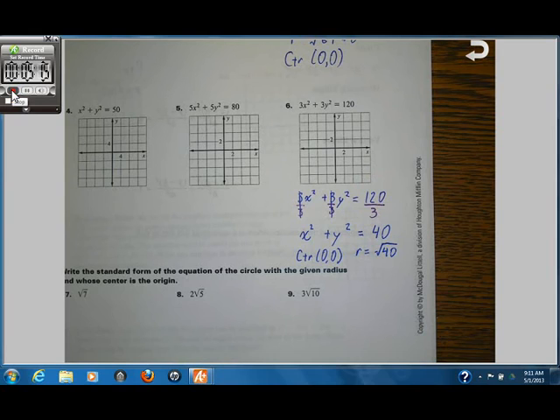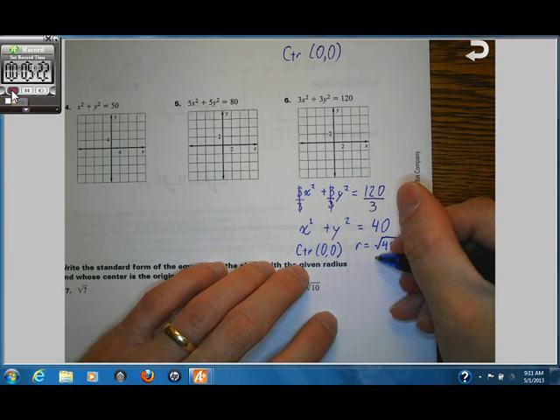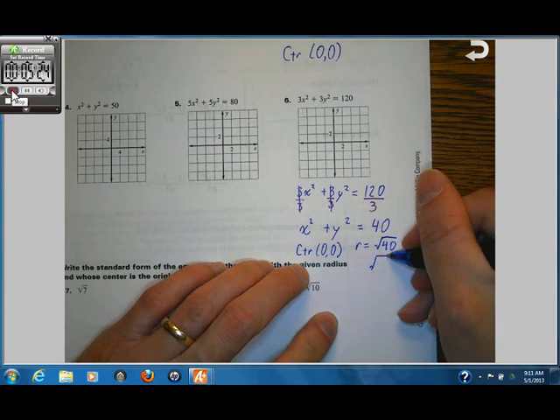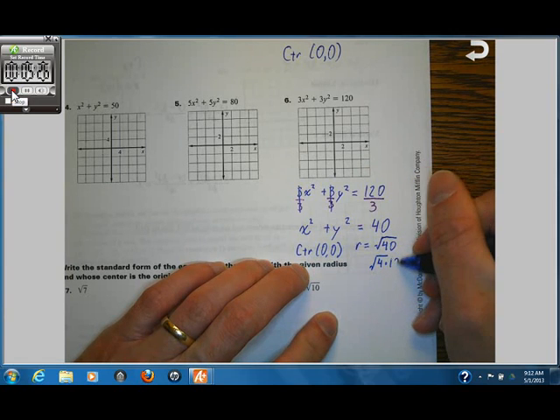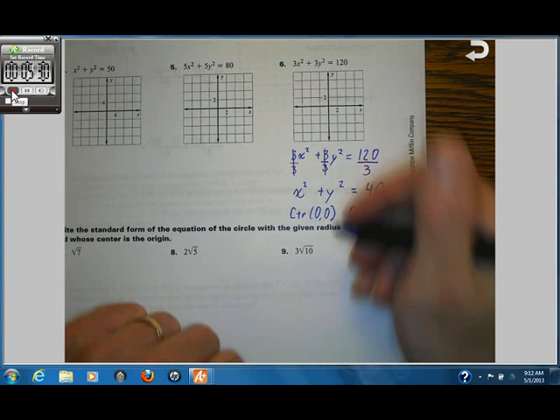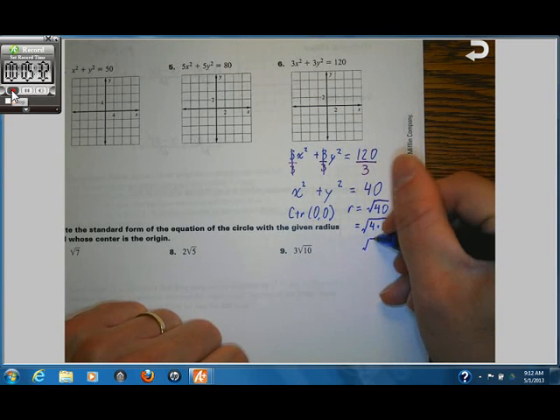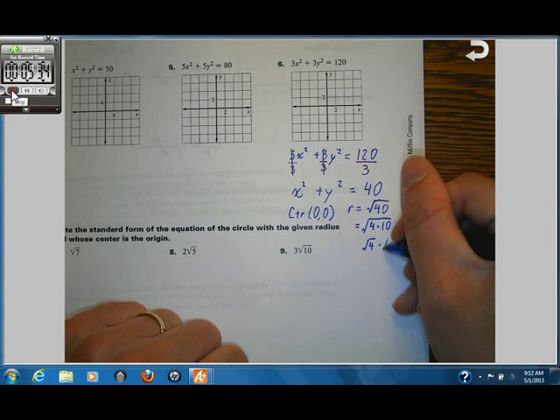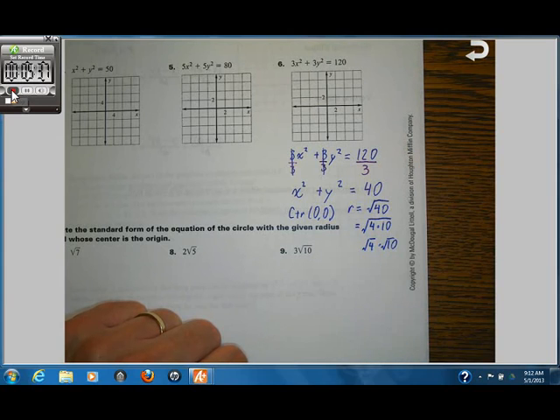So we recognize that the square root of 40 is the square root of 4 times 10. And the root of a product is the product of its roots. So we have the square root of 4 times the square root of 10. What's the square root of 4? 2. And so your radius is actually 2 root 10, and that's how you would indicate it.